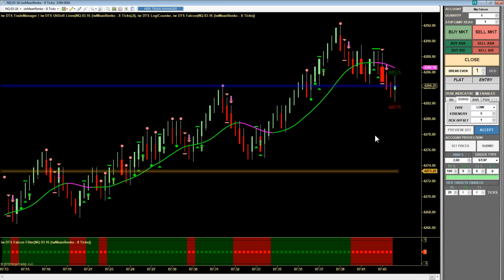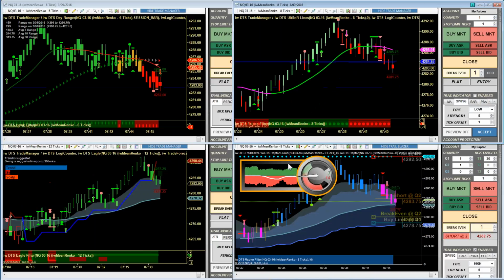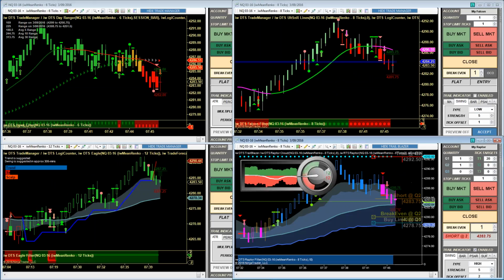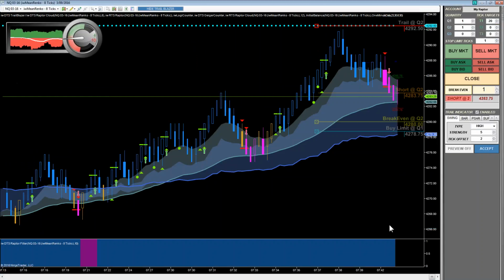Come on. They're likely to drift down here back to the median line around 42.73, 42.74, somewhere in there. This is on our support and resistance suite. No, they're not going to give me a chance on that one right now. So we'll nurse this Raptor trade a little bit.